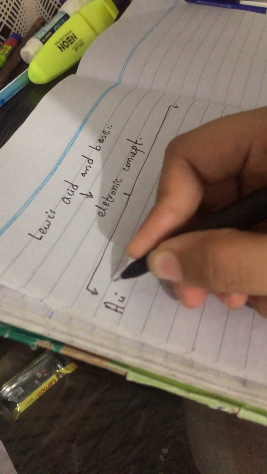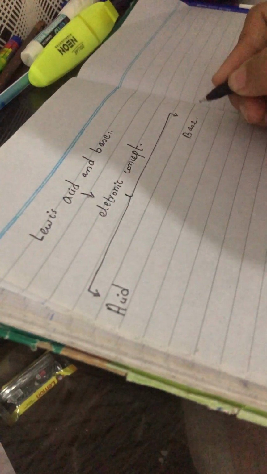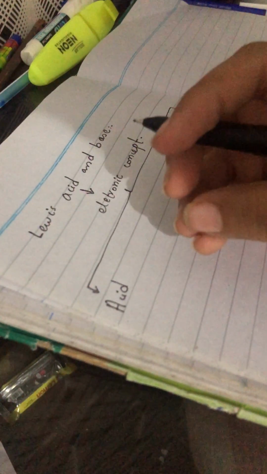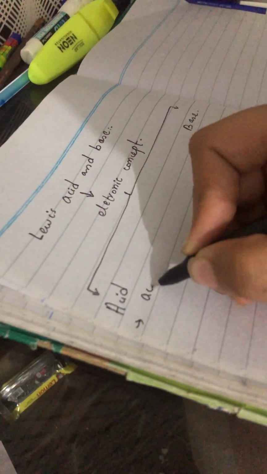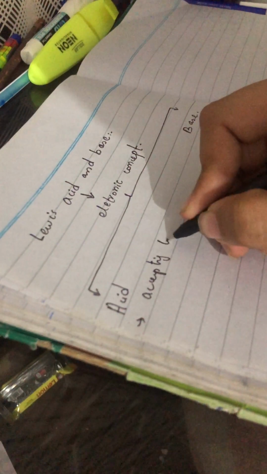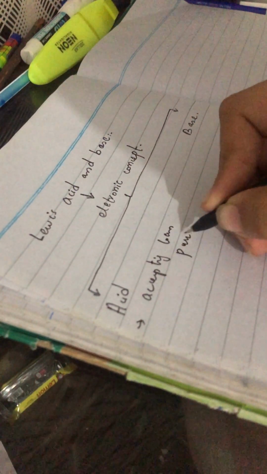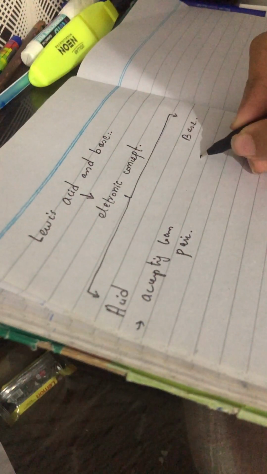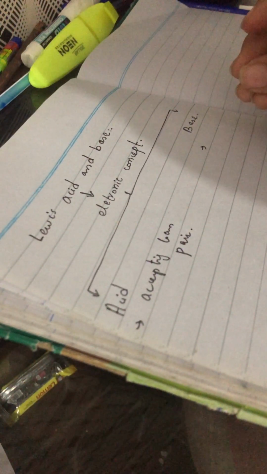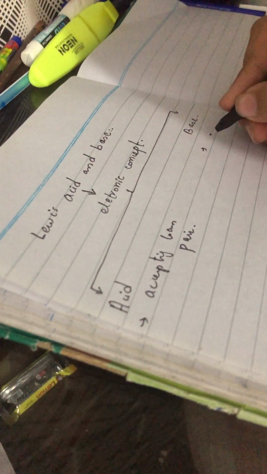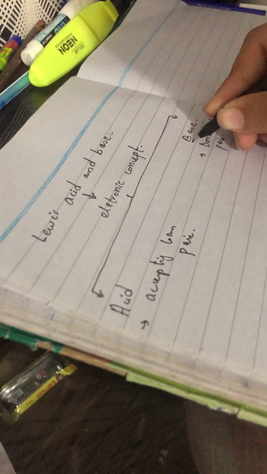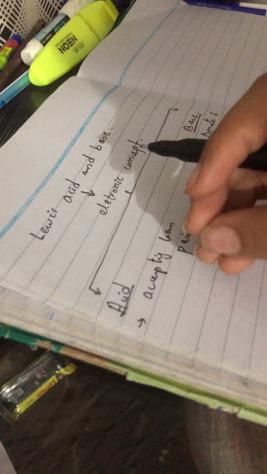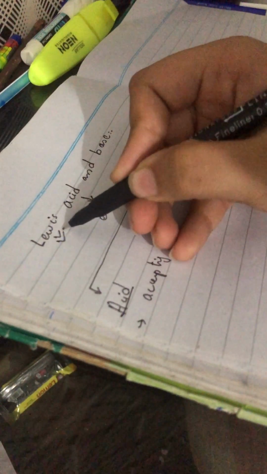If we have an acid and a base, any element that is accepting a lone pair will be called an acid, and a base will donate an electron pair. So this was the concept given by Lewis.